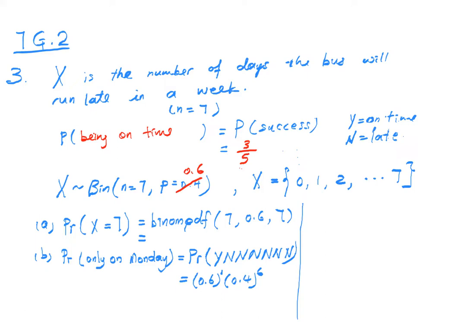Okay, let's move on to C. On any 6th day, then this one I can use like that: X equal to 6, because that is the meaning of X equal to 6.